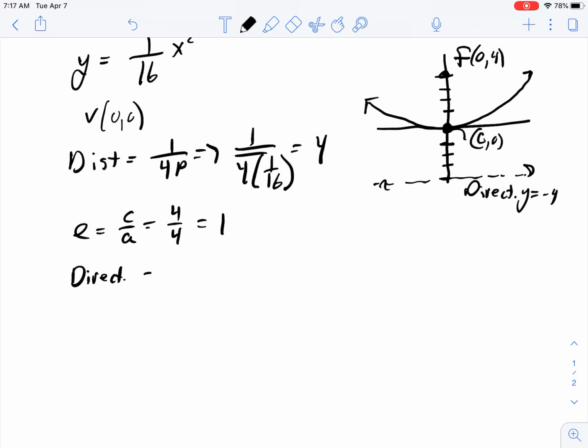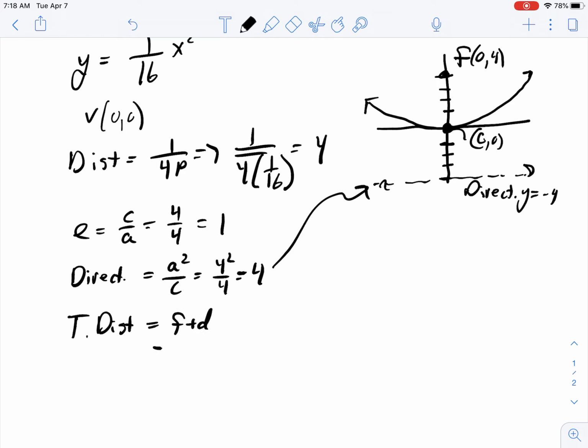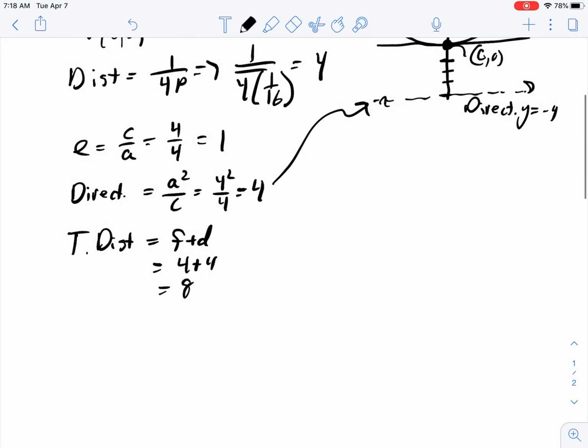Then your directrix is A squared over C, so you have 4 squared over 4, so it's 4. You need your total distance between your focus and your directrix. In this case, it's 4 plus 4, so a total distance of 8.